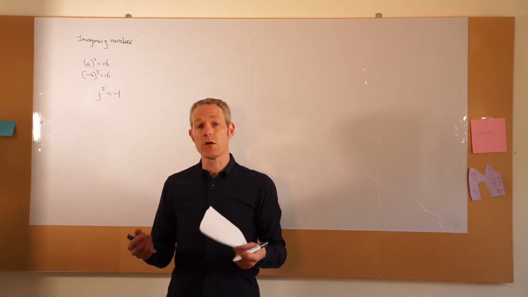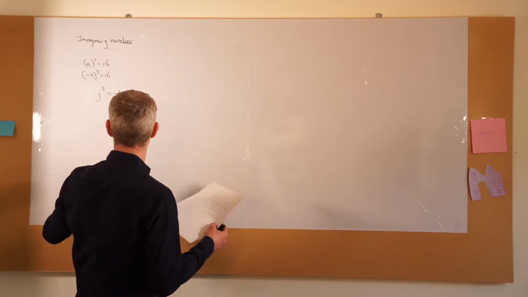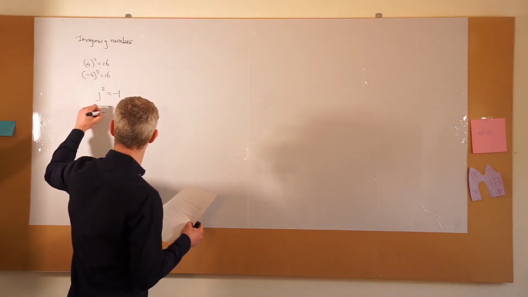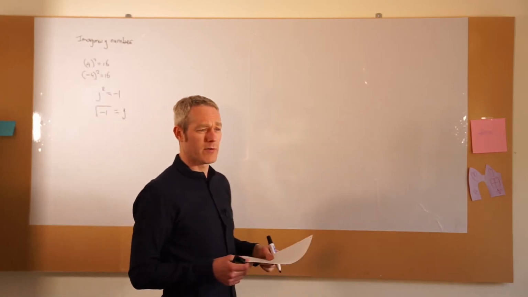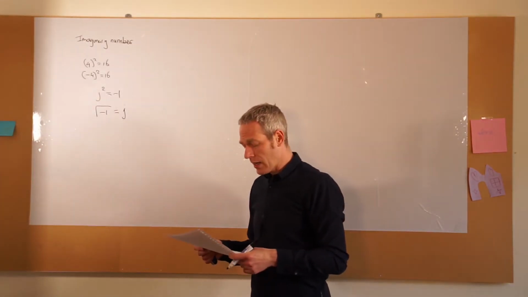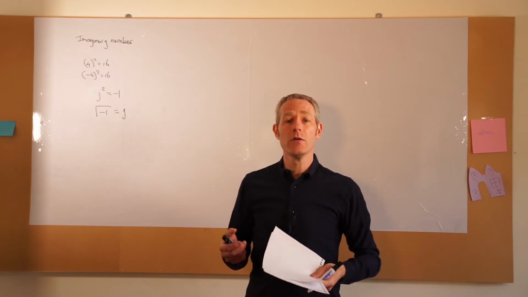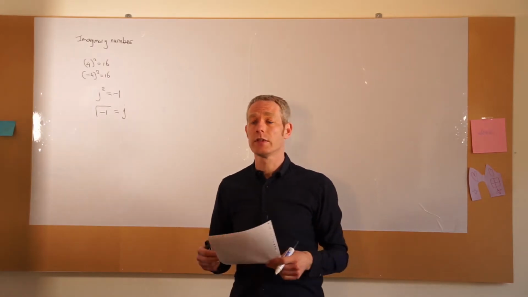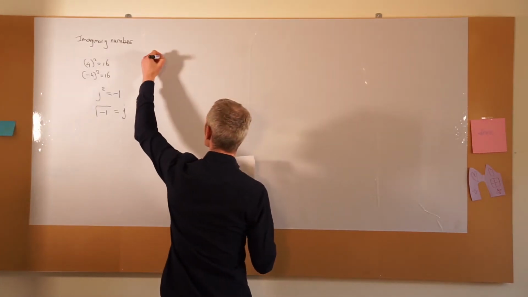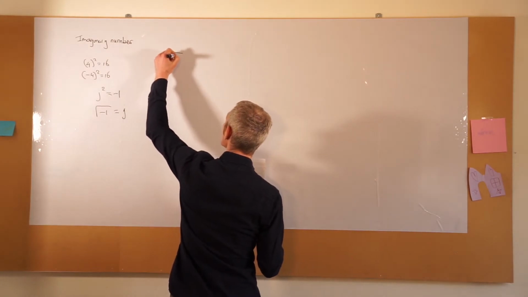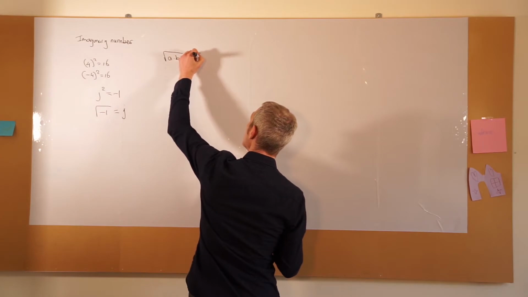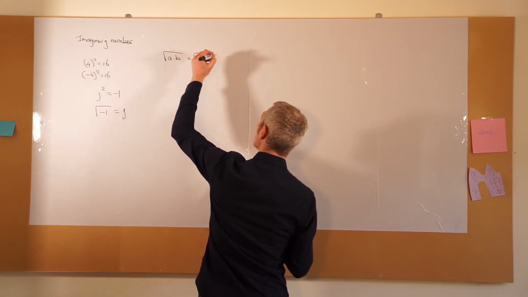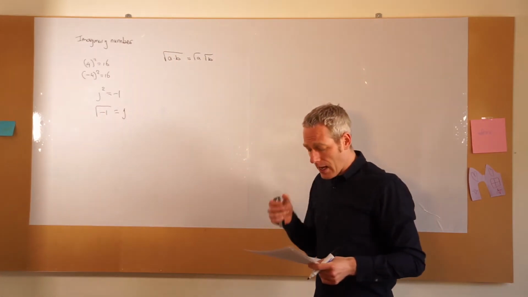We haven't seen that before, but it does open up a lot of possibilities, and the first one is that if we take the square root of minus 1, it is equal to j. Now we will continue and we'll use some properties of algebra where the square root of a times b is equal to the square root of a times the square root of b.